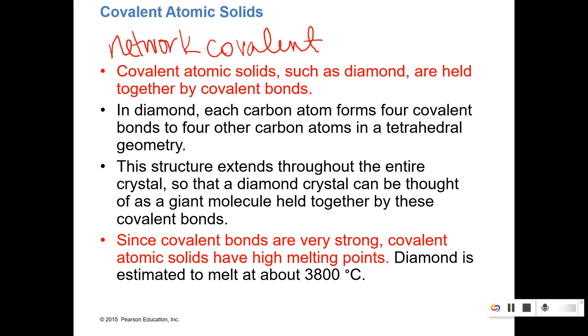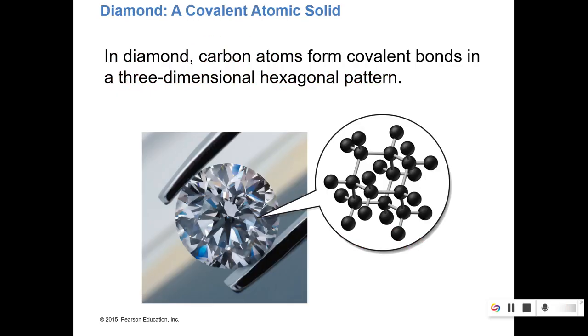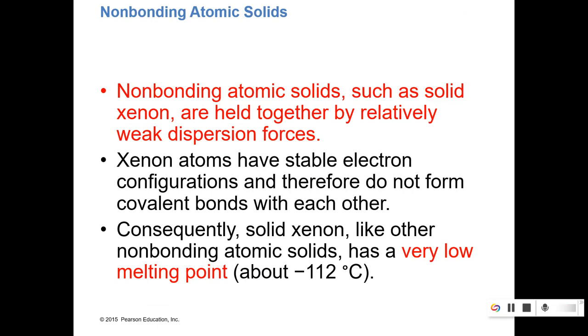Diamond is a network covalent, and its melting point is about 3,800 Celsius, which is very high. So here's our diamond, here's our structure. They're all held together. These are crystalline solids. Another way to determine it's carbon or silicon with oxygen. That's how you determine, is it a covalent atomic solid or network covalent.